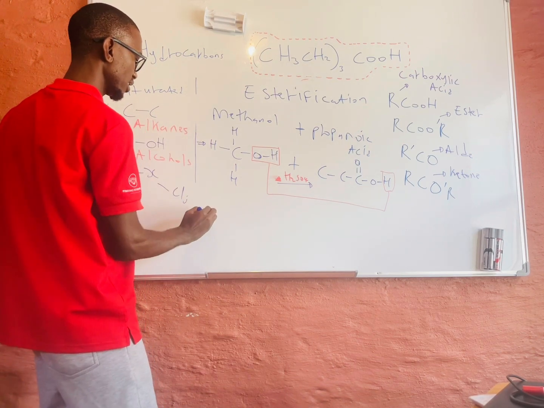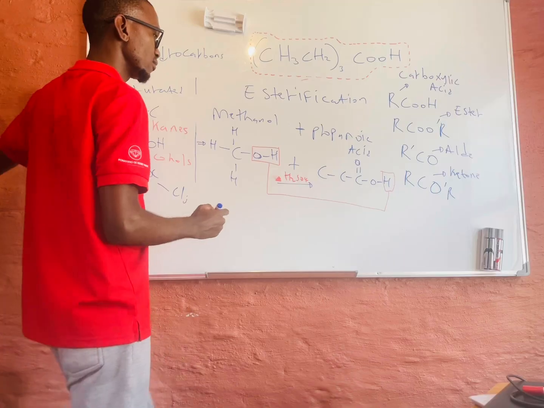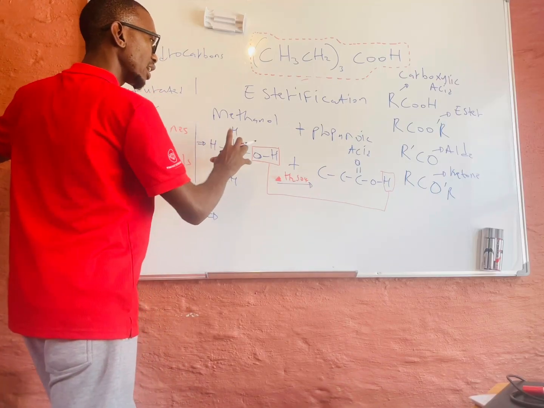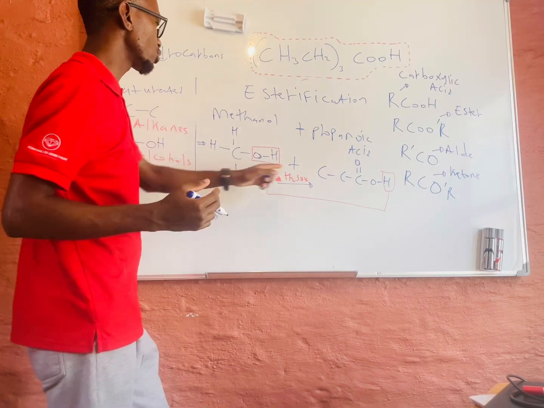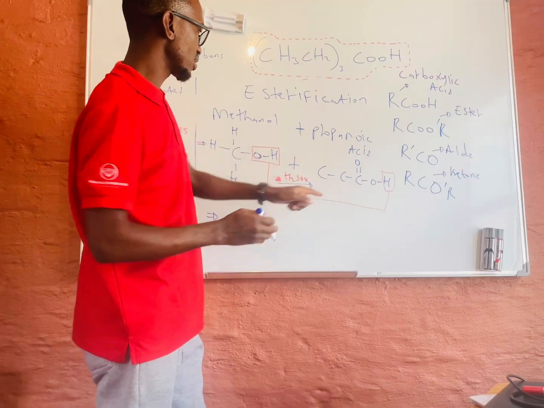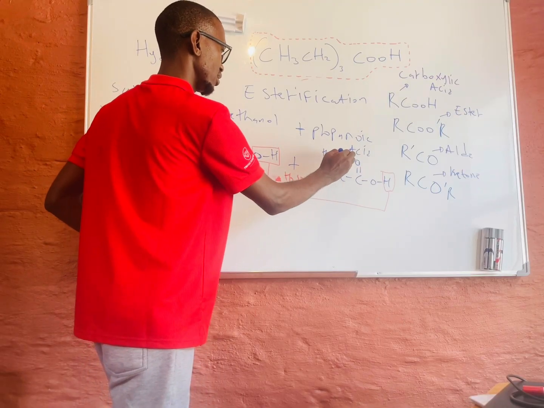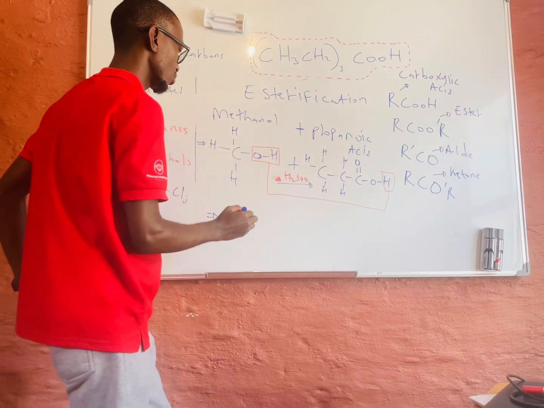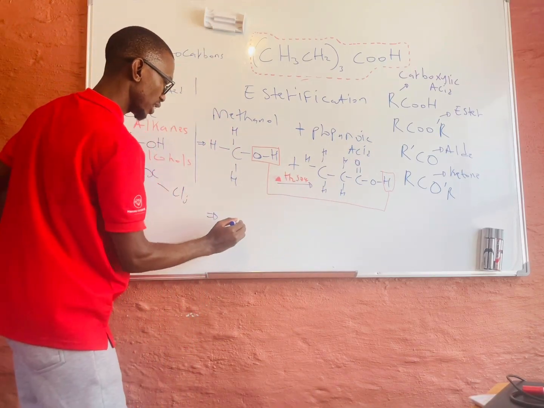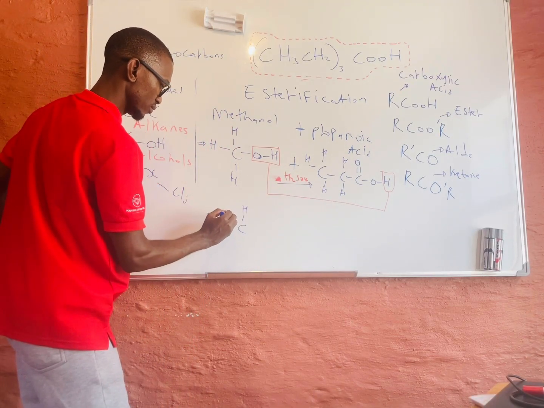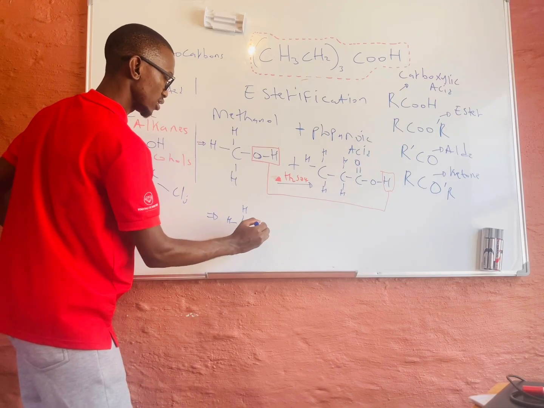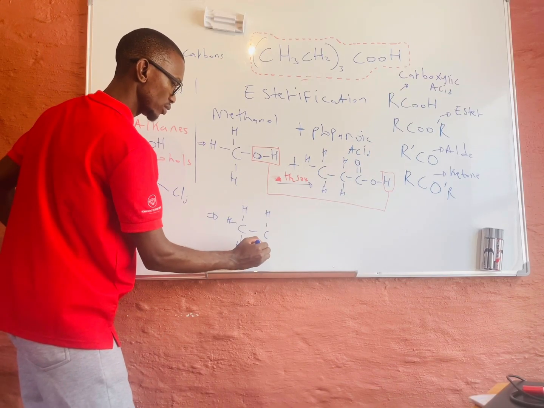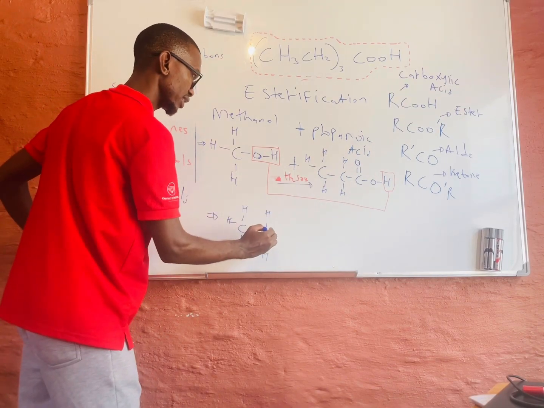Our product is going to be, now when you are combining the two structures, you start drawing it. Here it's going to be H, H, H, H, H. So here, check it out, I'm going to have H, H, H. You start with your carboxylic acid first, right?